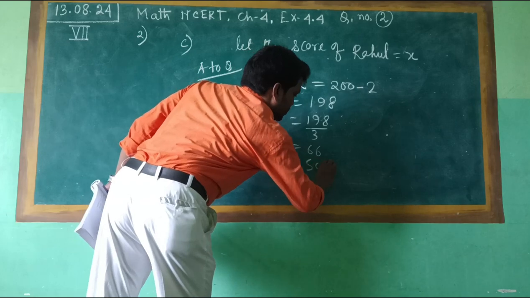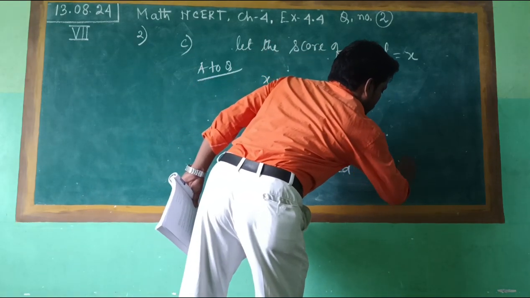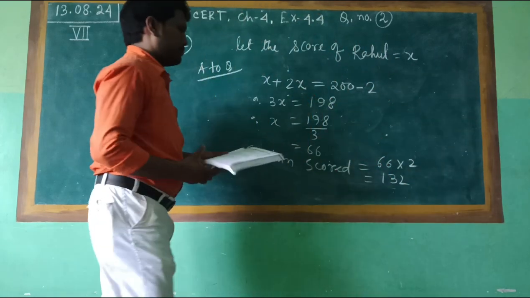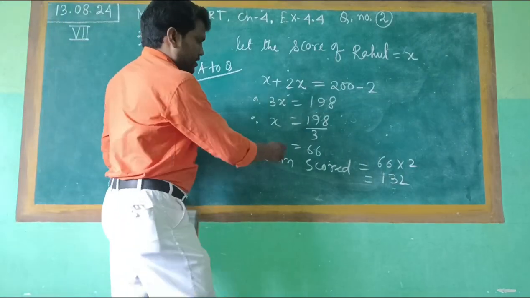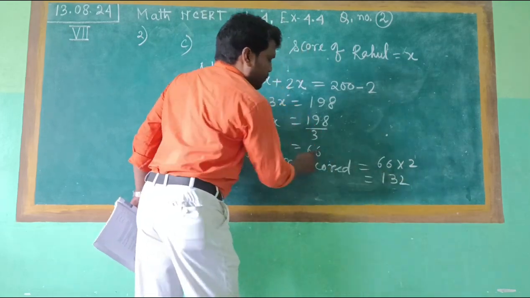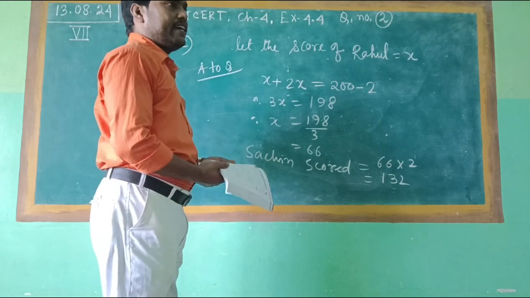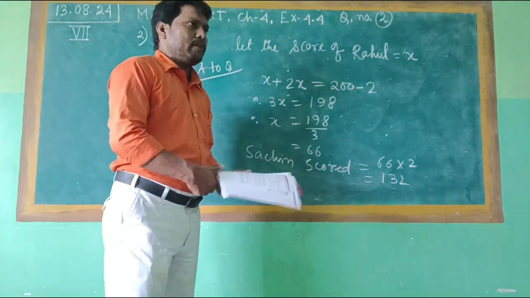Sachin scored twice, 66 into 2, 132. Now add Rahul's score and Sachin's score. 132 plus 66, 198. Now 2 short of double century.